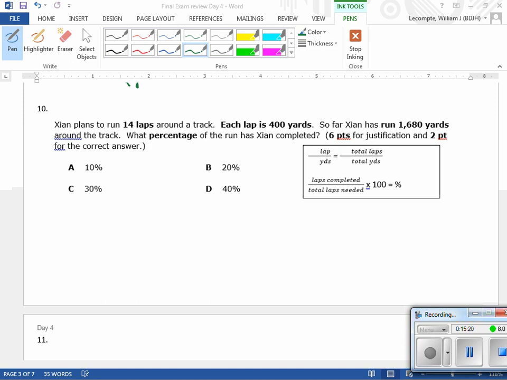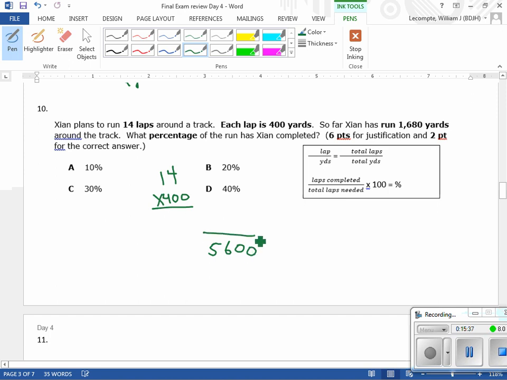Okay, well, her total yards, right, we're going to do 14 times 400, and that gives us 5,600. So total yards is 5,600, and she's run 1,680.